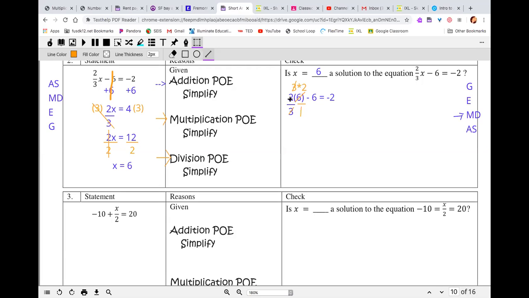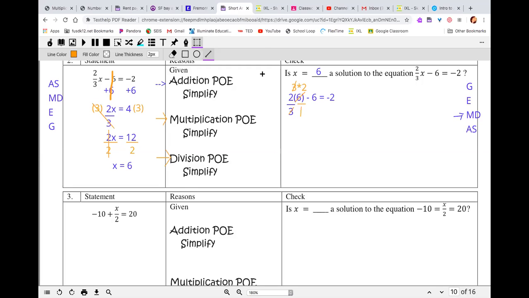Because they're both in the same group, they're both in the top, so they're both numerators. We can only cancel them out when it's top and bottom, numerator and denominator, because this means 2 times 2, not 2 divided by 2. 3 was divided by 3. That's why they canceled out.